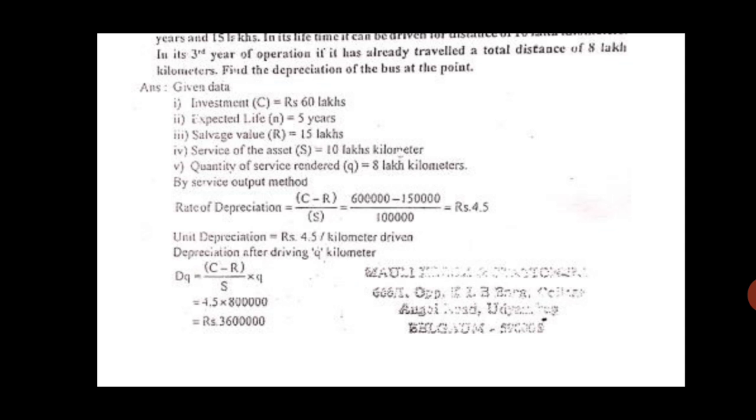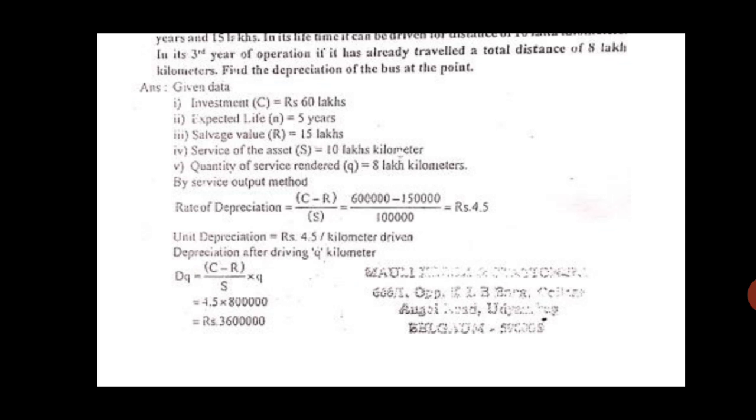So the rate of depreciation is C minus R divided by S. Here 60 lakh rupees I am spending, scrap value R is 15 lakh rupees, and S is the service output. So 60 lakh minus 15 lakh divided by 10 lakhs, that is the kilometers it can run.